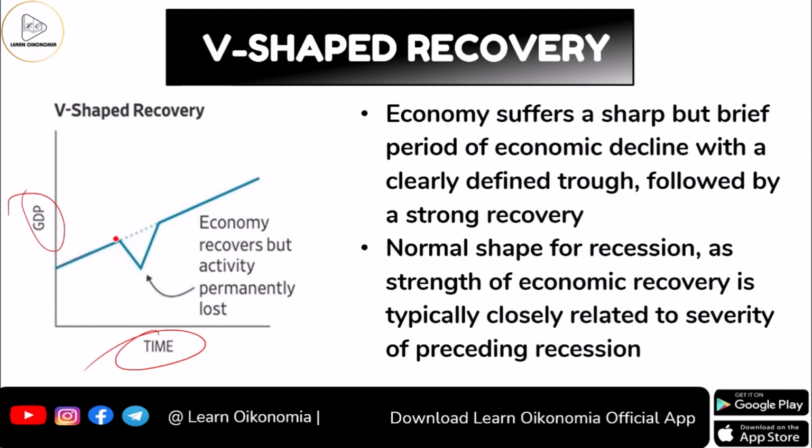So this is the normal growth path of the economy. From this point, the economy will go to a very sharp dip or decline in its economic activity as a result of some economic shock. From this point, it will very strongly jump back to the normal growth path like this.